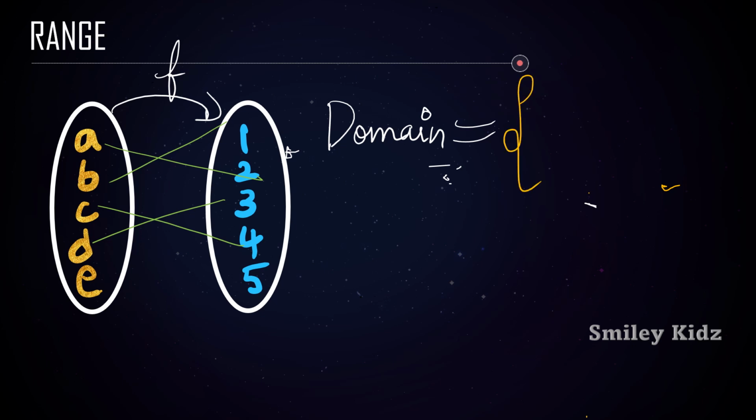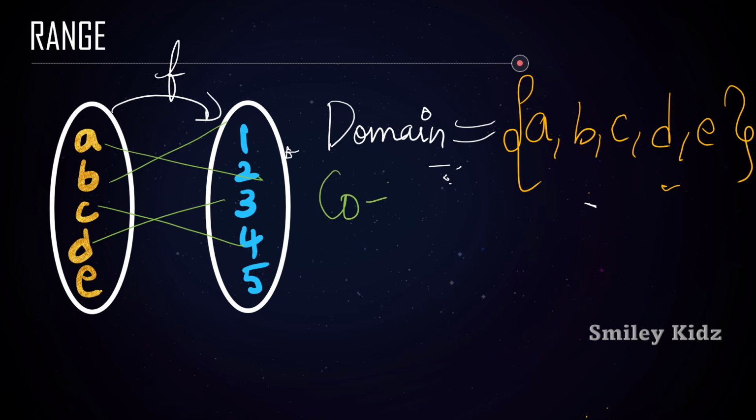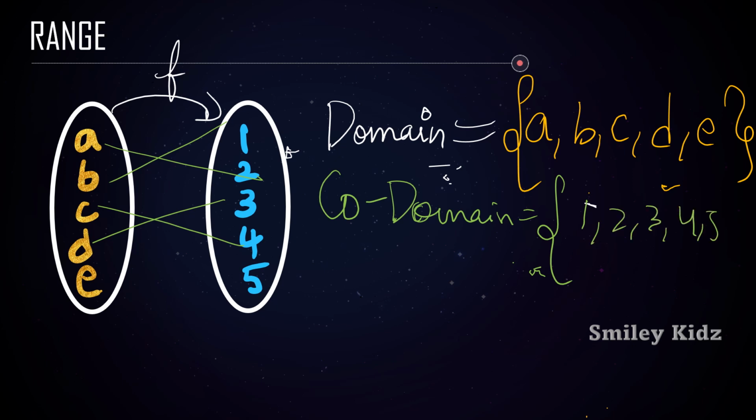Let me represent this. A, B, C, D, E. This is my domain. Fine. Now what is my codomain? By looking at the representation itself, it is quite evident that my codomain over here is 1, 2, 3, 4, 5.